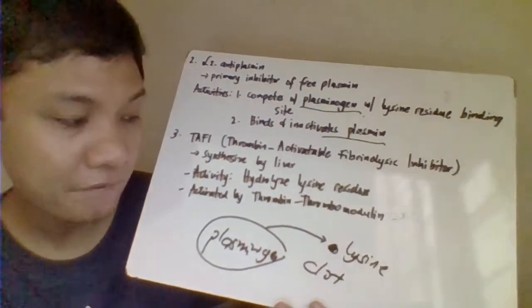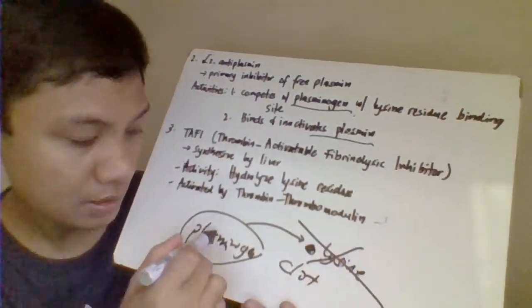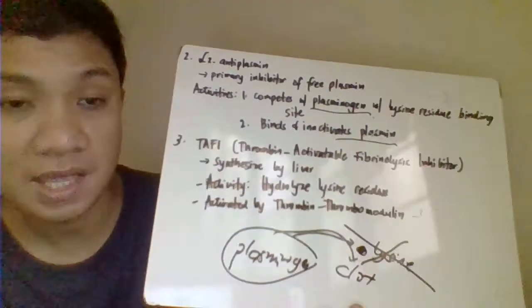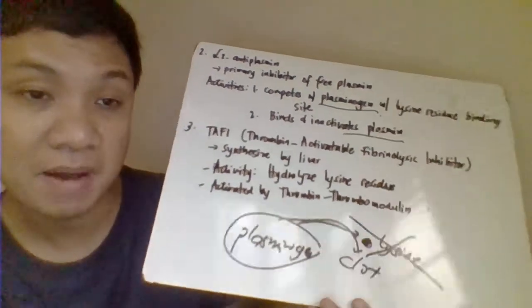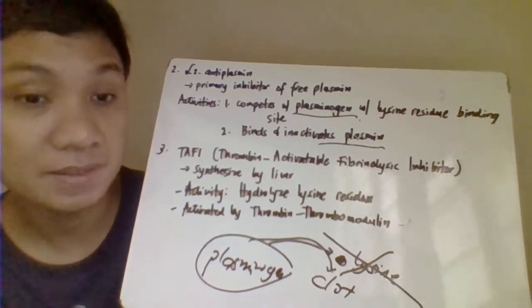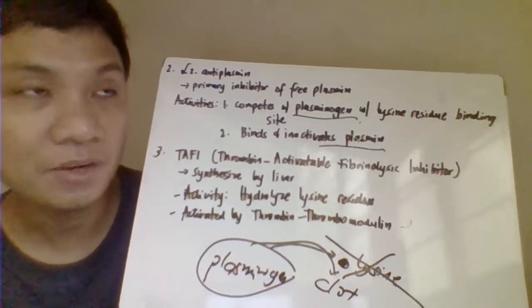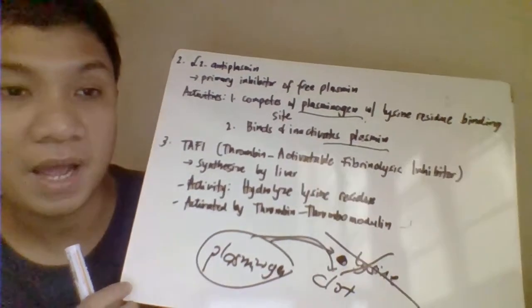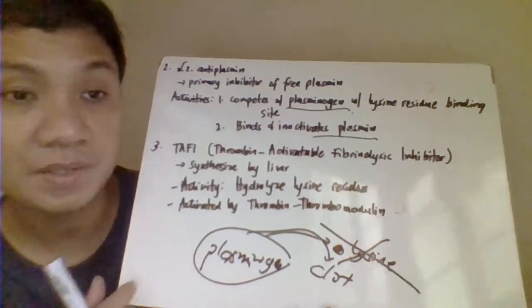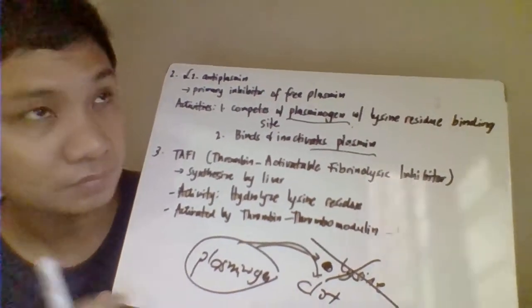Ang ginagawa ni TAFI, tatanggalin niya ito, and therefore, ang plasminogen natin, hindi makabind sa fibrin clot natin. And eventually, pag hindi siya nakabind, your plasminogen will never be converted to your plasmin. Okay, so ganun din with your PAI-1, it will also prevent the conversion of your plasminogen to your plasmin.